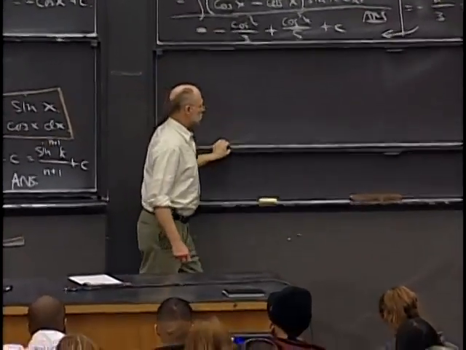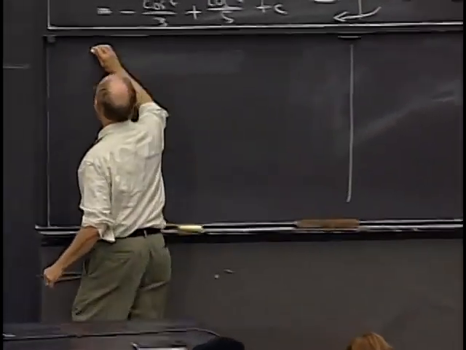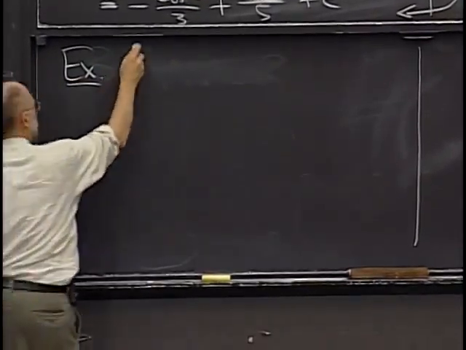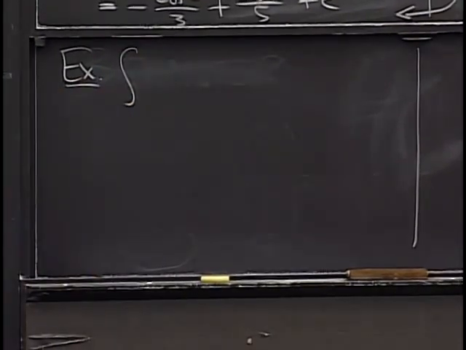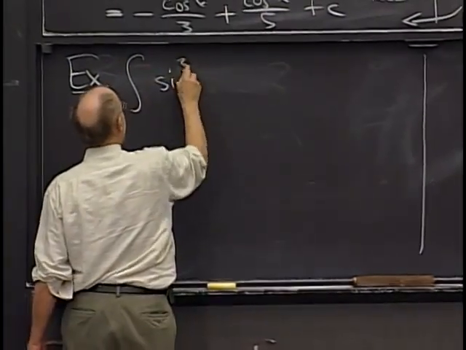Let's do one more example just to handle an example of this easy case, which you might not have thought of at first. Suppose I just want to integrate sine cubed of x.